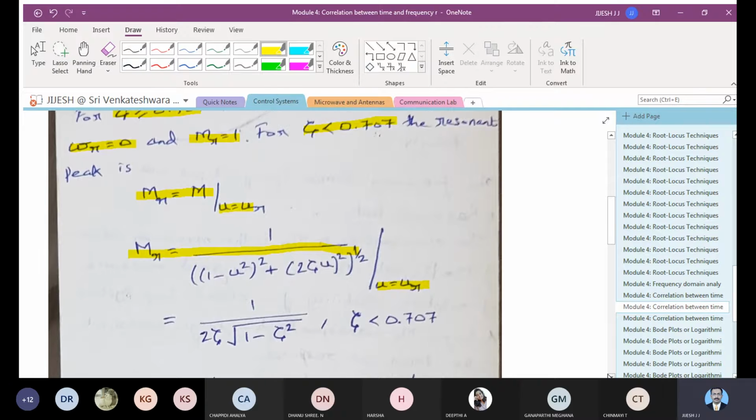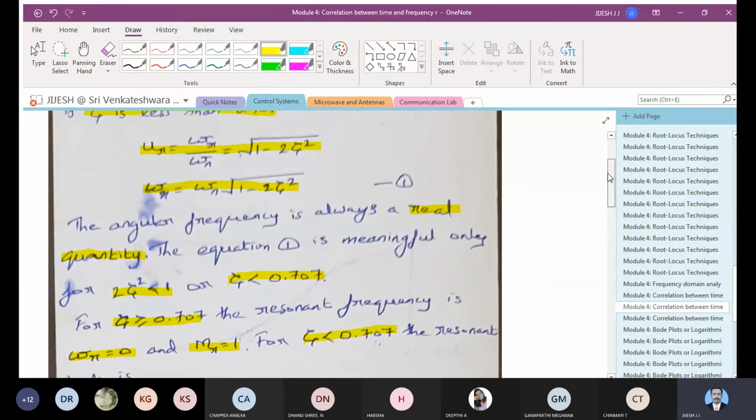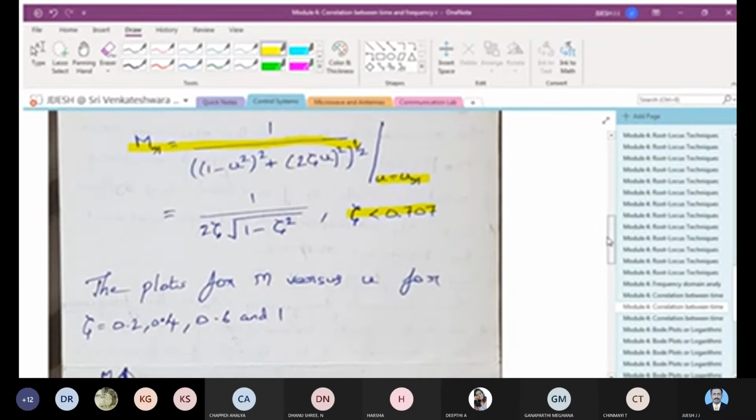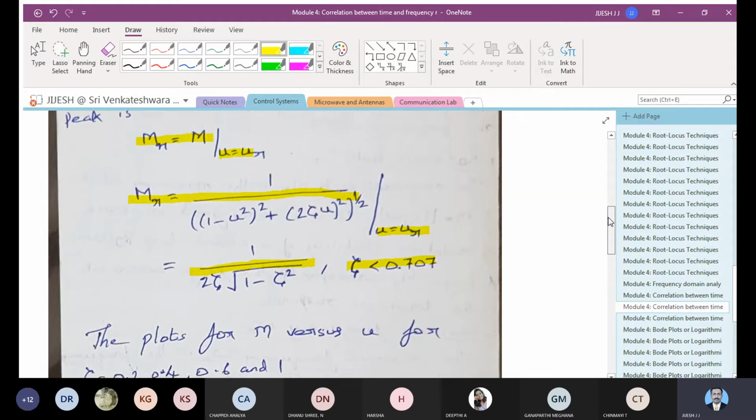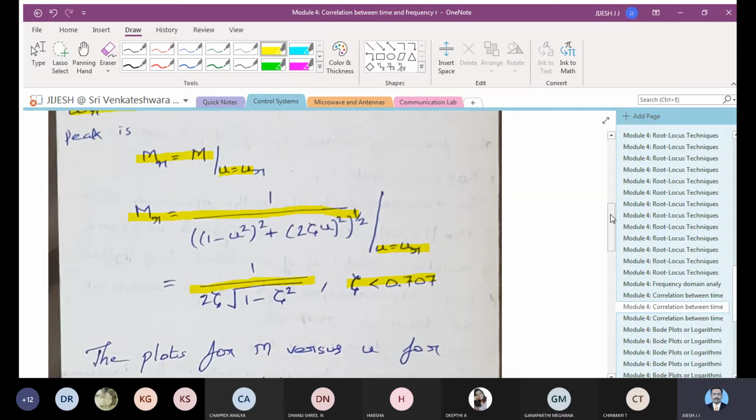So you can also say that when zeta is less than 0.707, you can write that Mr is equal to 1 divided by 2 zeta root of 1 minus zeta square.